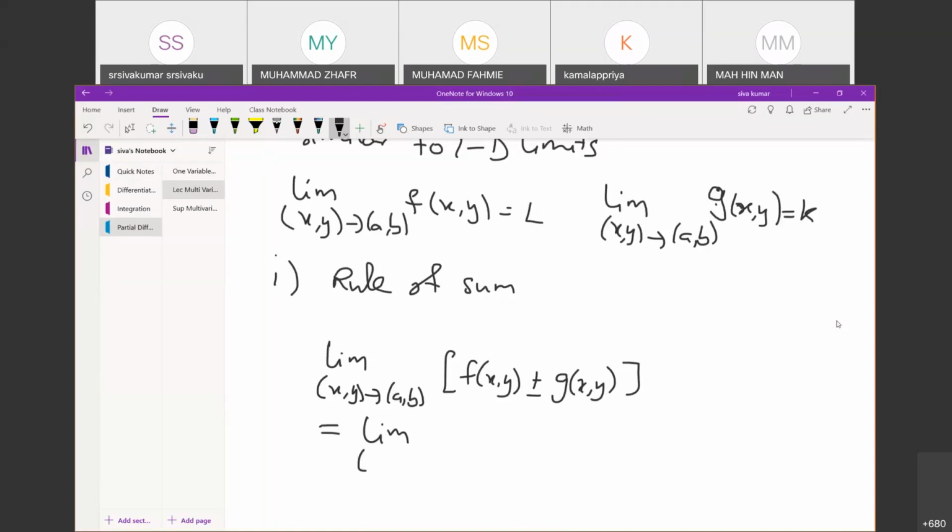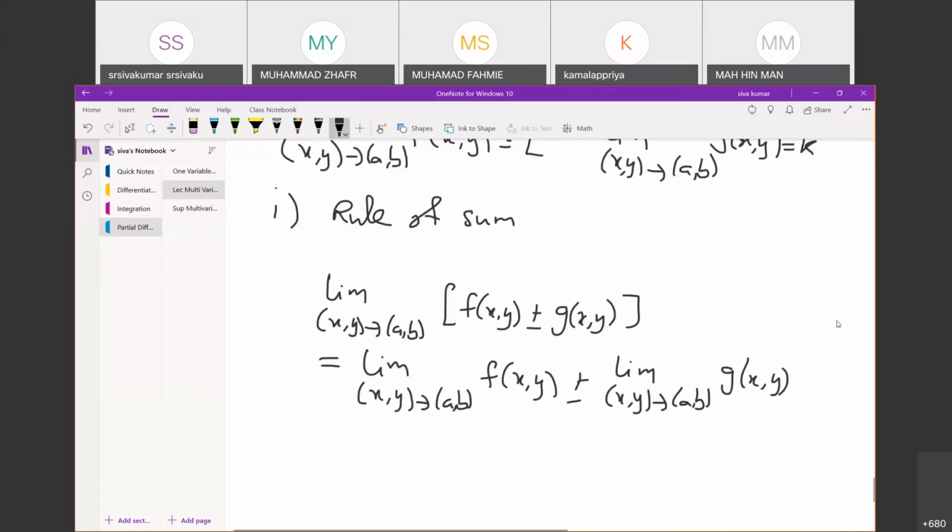This is a very useful formula. You can separate that into individual limits: the limit (x,y) approaching (a,b) of f(x,y), and the limit of g(x,y).